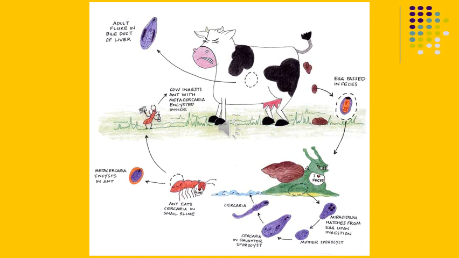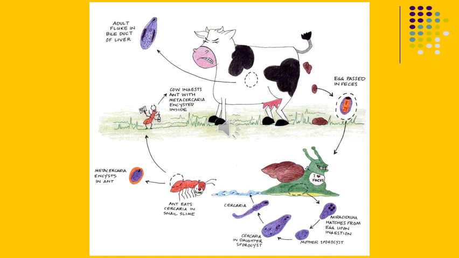The ant, the second intermediate host, will eat the slime ball, and after that the ant will be infected by the cercaria. The cercaria transfer to the abdomen, chest, and brain of the ant, and they change to metacercaria.